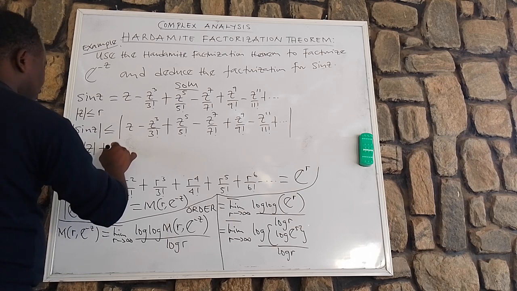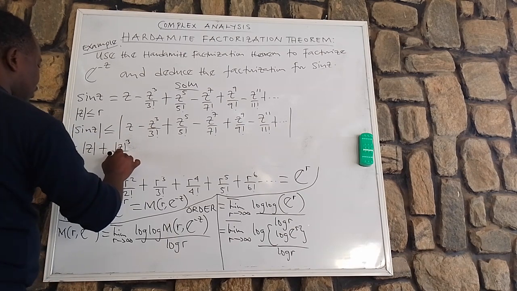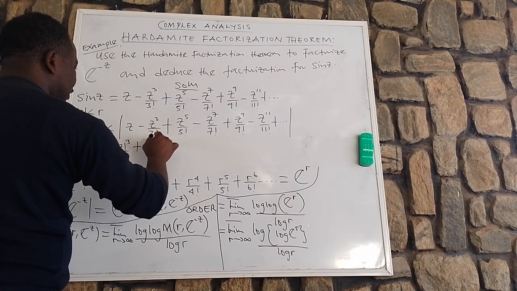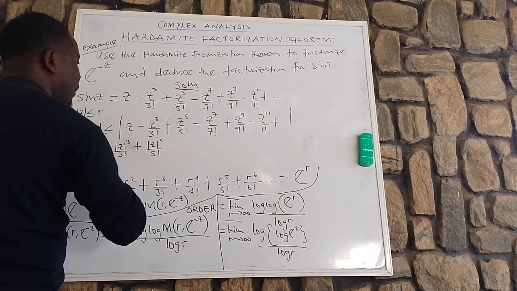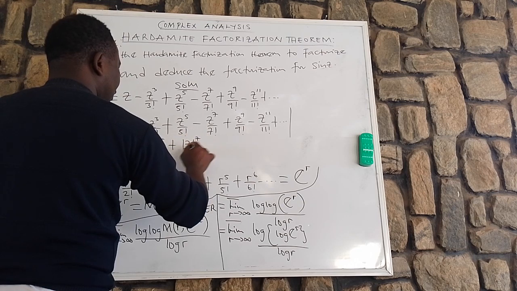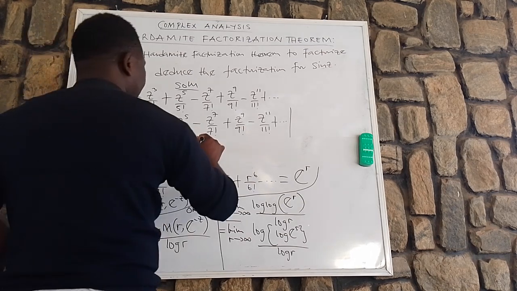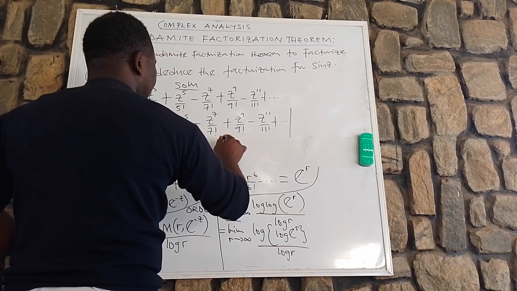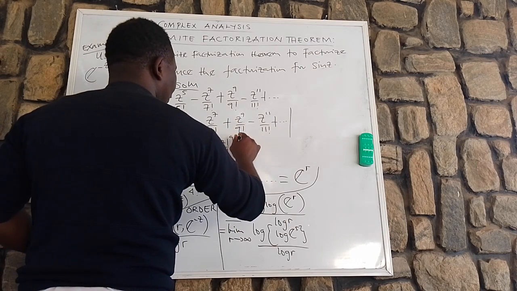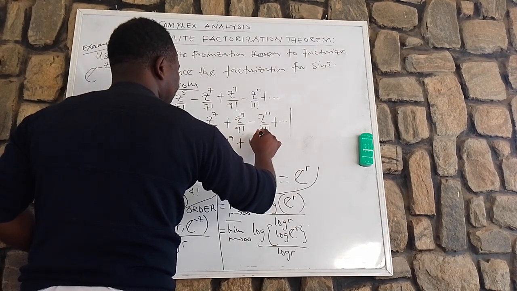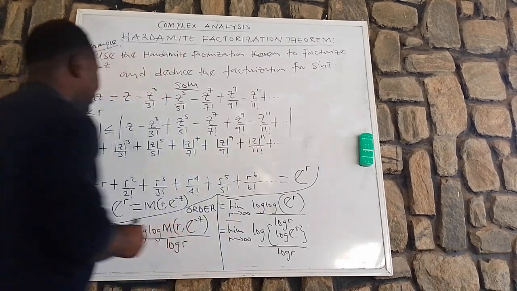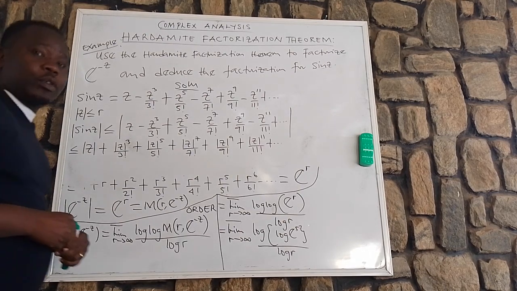Here will be plus mod Z raised to the power of 3 all over 3 factorial plus mod Z raised to the power of 5 all over 5 factorial plus the same thing applicable, mod Z raised to the power of 7 all over 7 factorial, then plus mod Z raised to the power of 9 all over 9 factorial, then plus the same thing, mod Z raised to the power 11 all over 11 factorial plus and so on. As simple as ABC. I hope you are following.